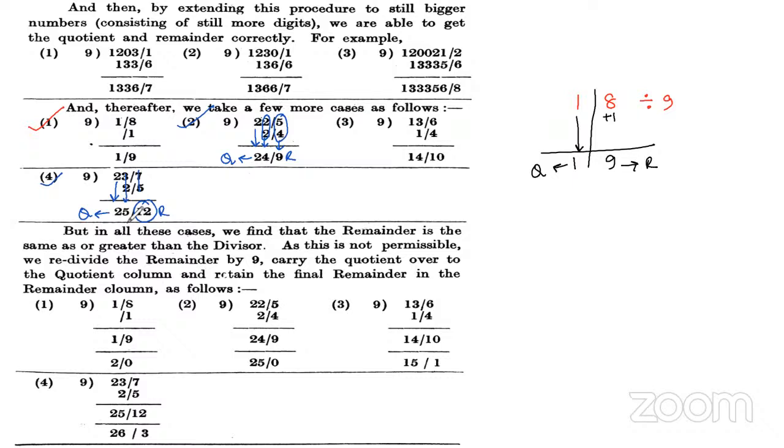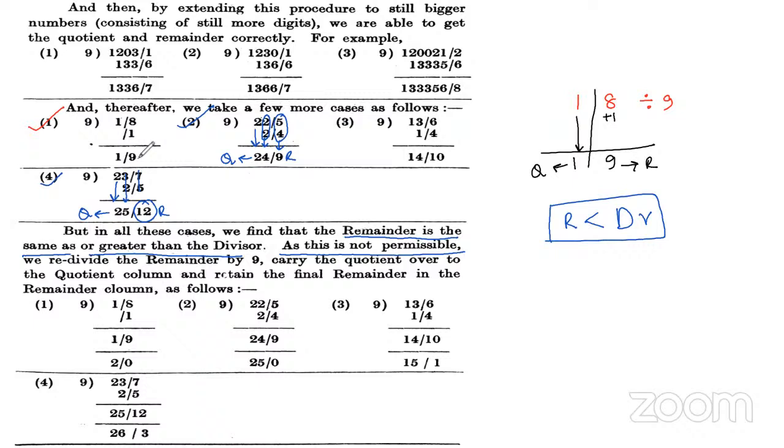But what happened here? In every division, the remainder is the same as or greater than the divisor. So this is not permissible, meaning the remainder is always less than the divisor.